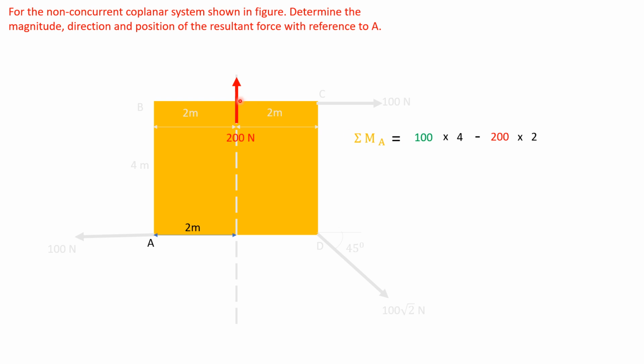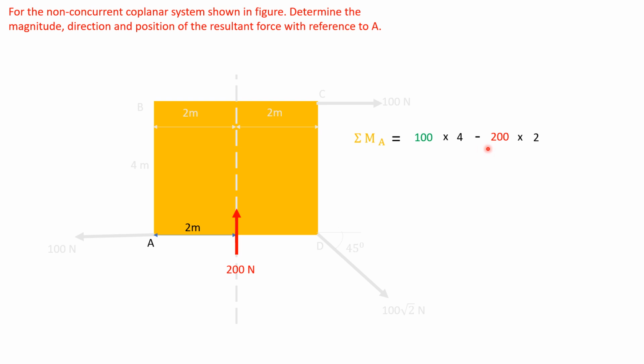Now this 200 Newton force will come down along its line of action and rotate about point A with a perpendicular distance of 2 meters. So this 200 Newton force rotates about point A anti-clockwise.